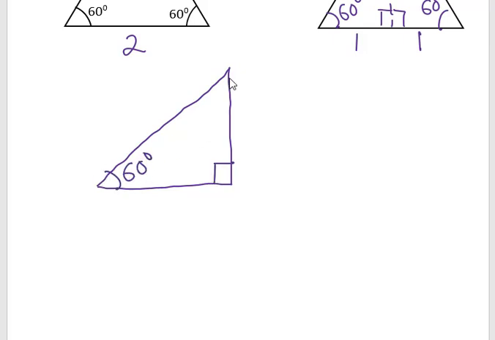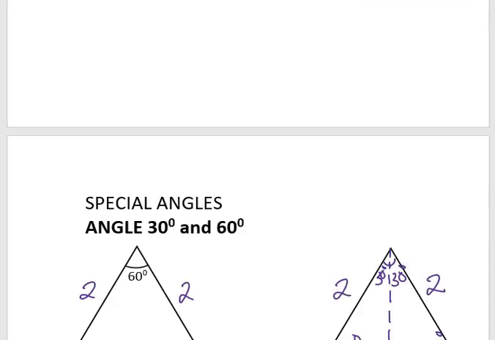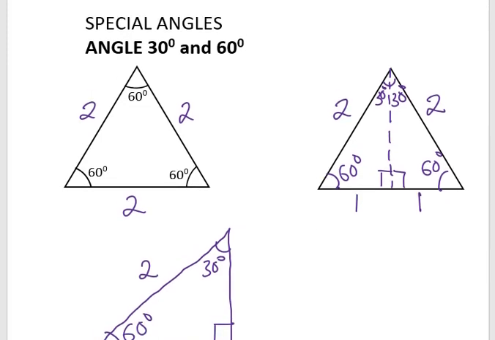I'm just taking one part of it. We had 30 here, so here we had 2, we have 1. So we need to find the height of this triangle, right? Just find the height of this triangle, and the height will give us the other side we are looking for.